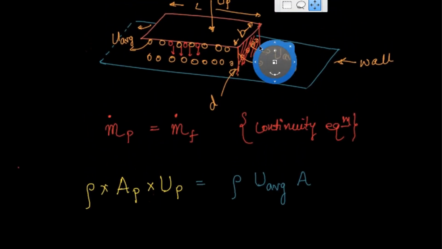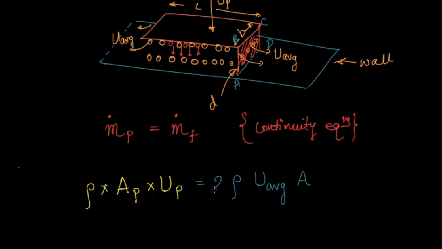We are talking about this cross-section, let's name it A, B, C and D. Since the fluid is moving out from both sides of the plate, we multiply this by 2. So AF is this cross-sectional area ABCD, because fluid is going out from here.